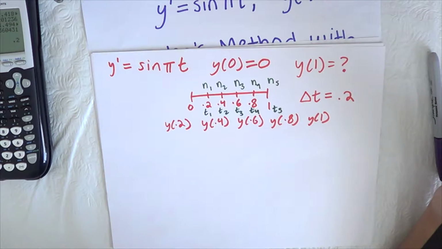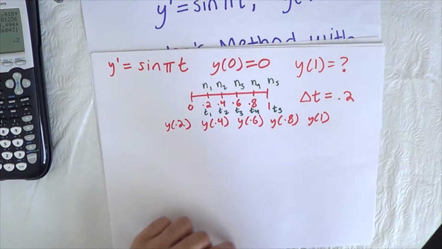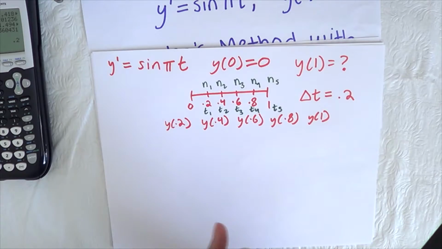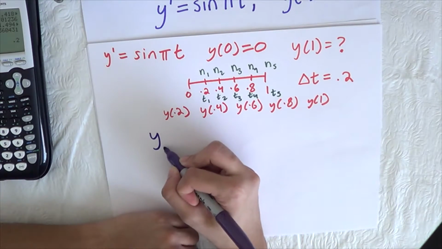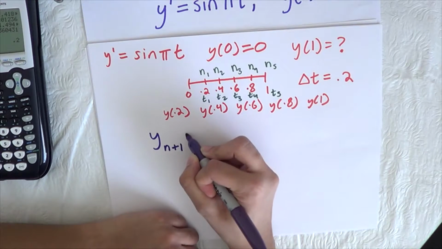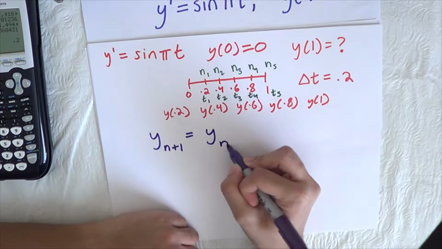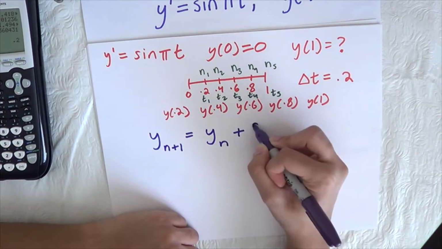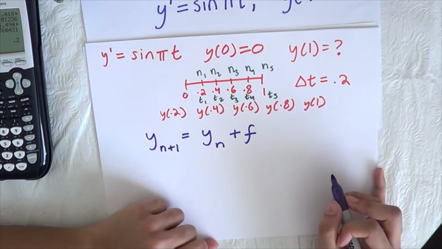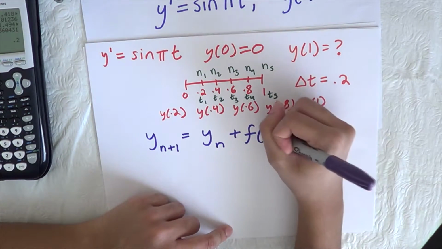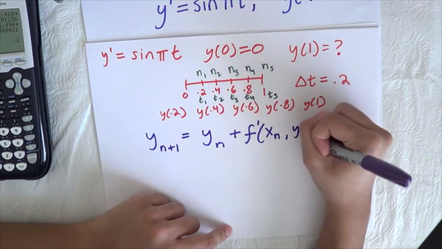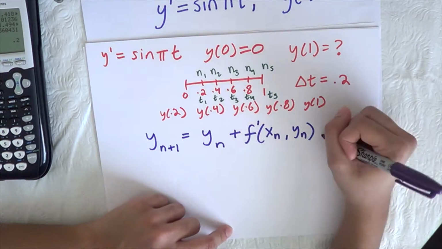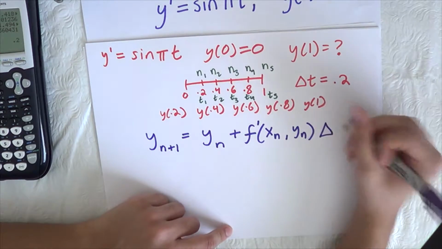Let's write out our Euler's method equation in general terms, so not in function notation. That would be y sub n plus 1 equals y sub n plus the slope of the point at x sub n and y sub n times the delta x.